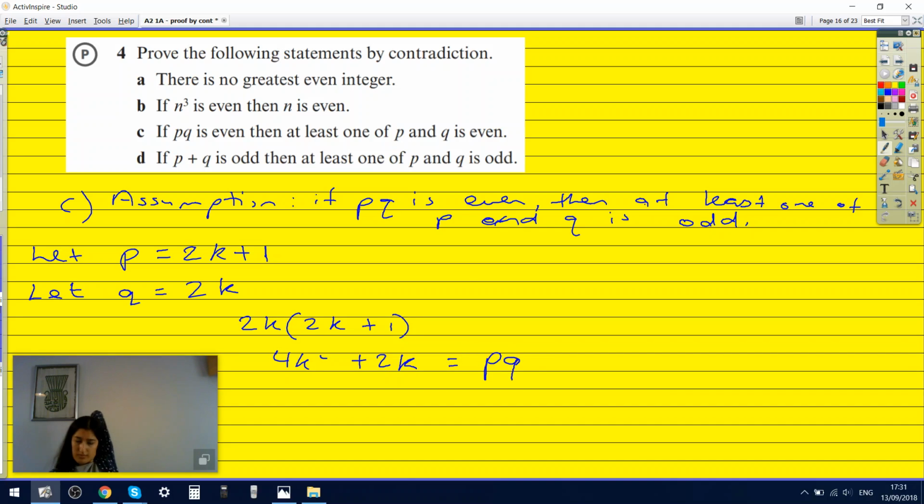And then you're going to factor that. We just expanded it. You're going to factor it again? Just the 2. Oh, okay. 2k squared plus k equals PQ.